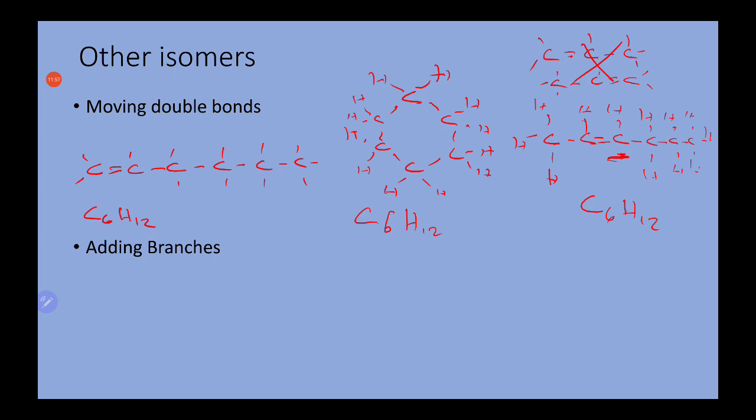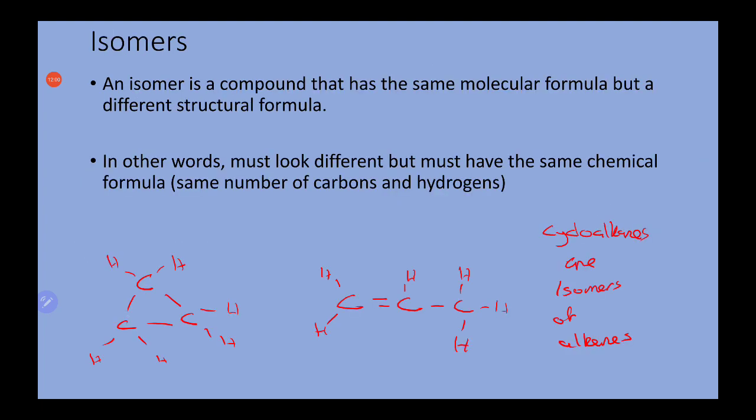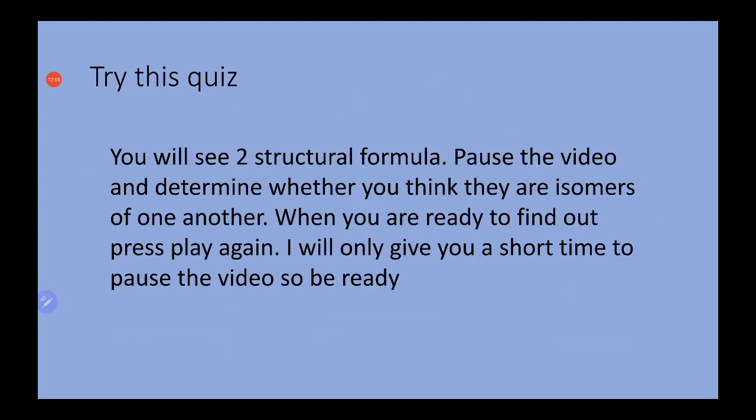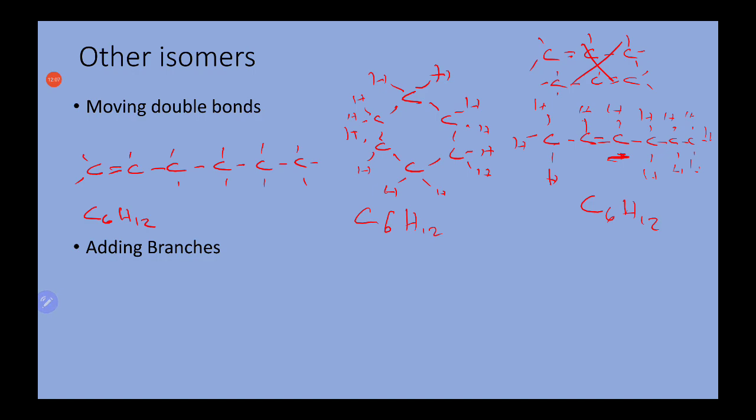All you need to make sure is that there's the same number of carbons and hydrogens. So let's take hexane, which is the alkane version of hexene. 1, 2, 3, 4, 5, 6, and we will put in our hydrogens.